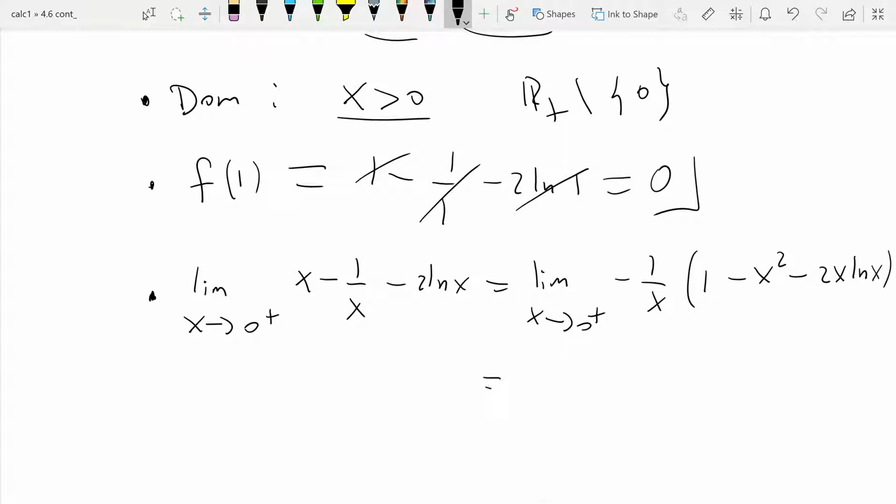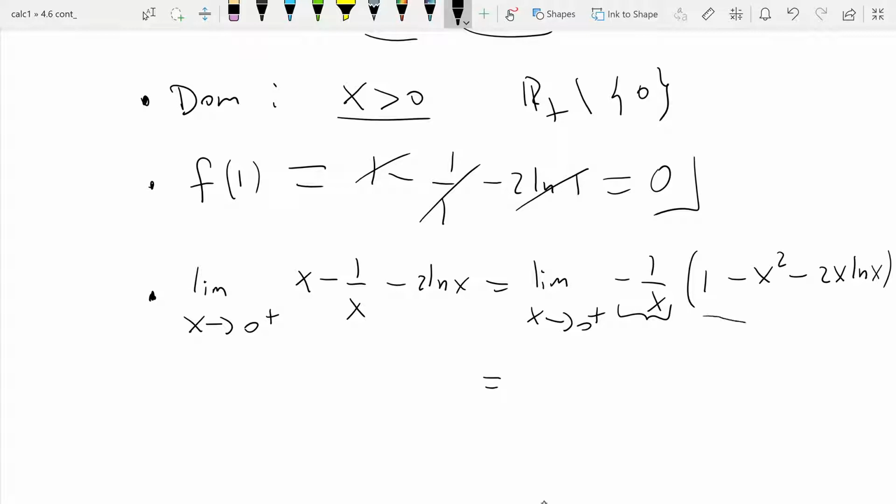This first factor is approaching minus infinity, because you're dividing 1 over something very small but positive, so the 1 over x is approaching plus infinity, but minus that will turn it into minus infinity.